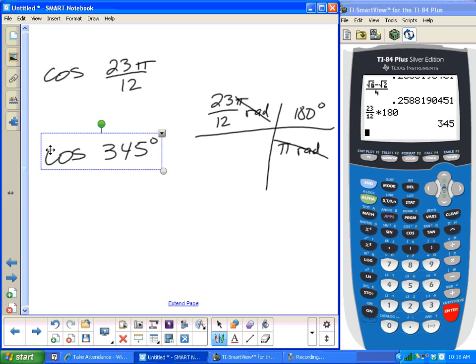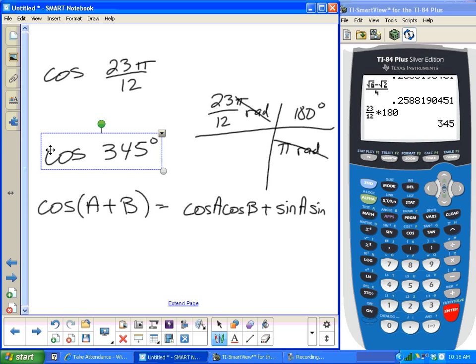Now we're using a sum, right? So we're going to use this one. Y'all help me out, call this out so I don't have to look over there. This is what, cosine? Sine A, sine B, is it minus though?